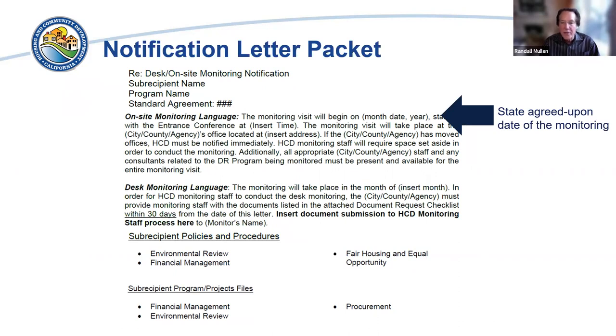You will also note here that the paragraphs are related to both on-site and desk monitoring. Depending upon how the monitoring will be conducted, that detail will be included, and of course the other paragraph omitted. But this notification will state the agreed upon date for the monitoring to occur, which is typically a 1-week period with particular emphasis on 3 days toward the middle of the week.